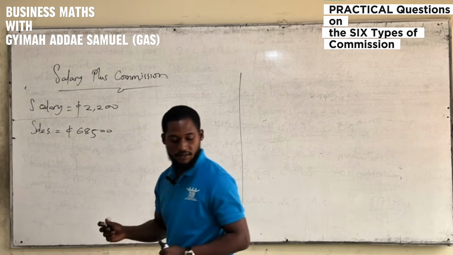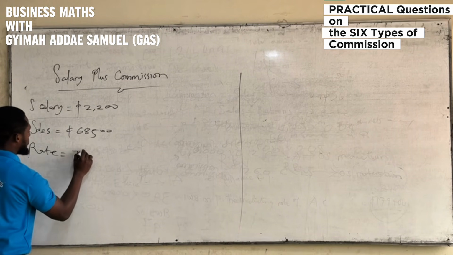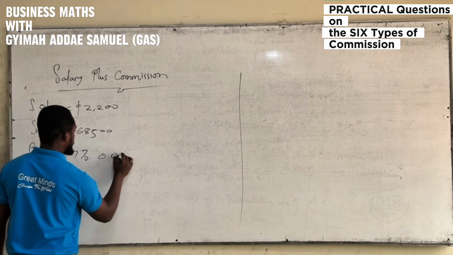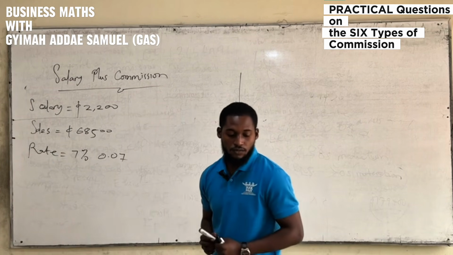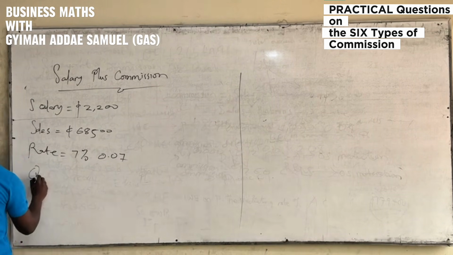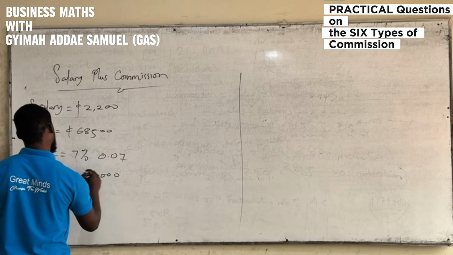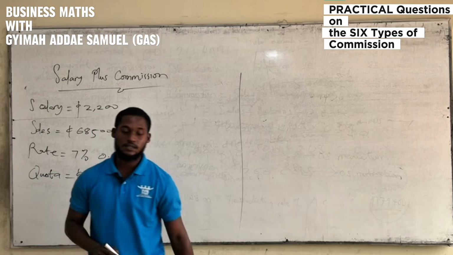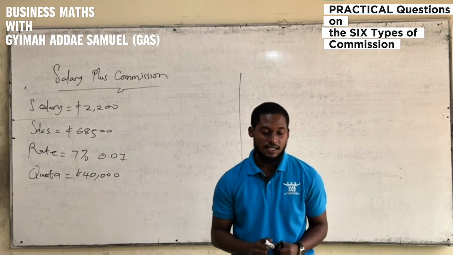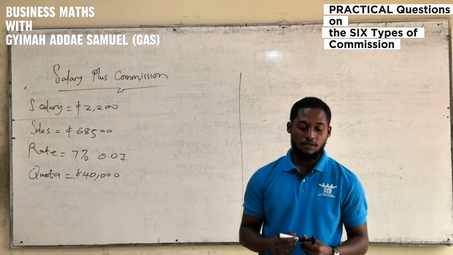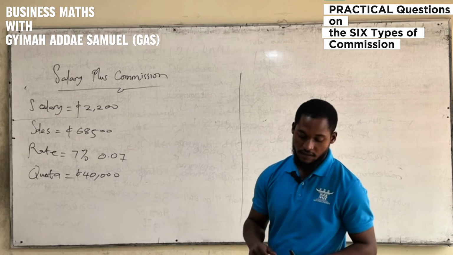His rate was 7%, which is 0.07. There was a quota given in the question, which is 40,000 Ghana cedis. The question is asking us to determine Kojo's total earnings for the month.